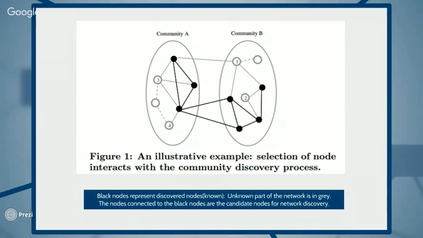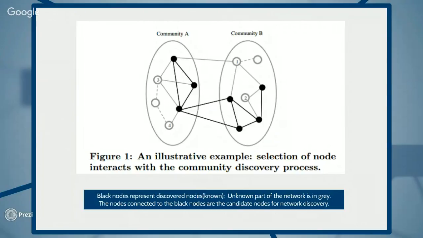It can be easily seen that nodes 1, 2, 3, and 4 are the candidate nodes. Nodes 2 and 4 should not be considered to be added to the graph as the degree is not high. Nodes 1 and 3 are the remaining candidates.